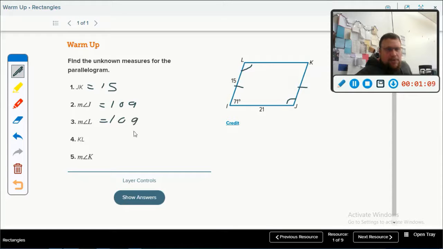This isn't meant to be super hard. KL is congruent to JI, so it's going to equal 21. And the measure of angle K is equal to the measure of angle I, so it's going to be 71. See, lots of information we find out from just a couple givens. Awesome. Write it down if you need to, but let's move on.